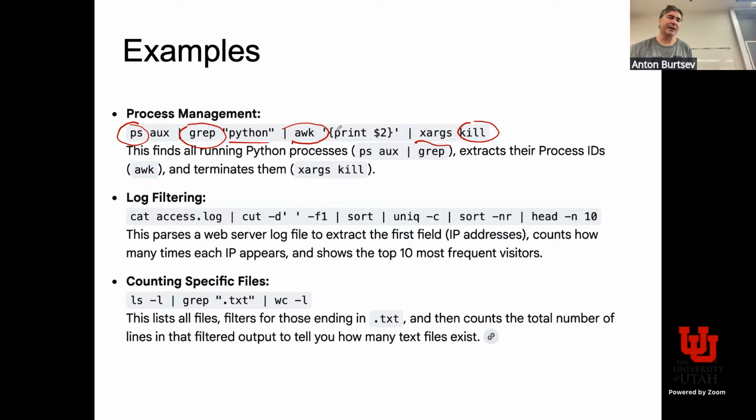And this thing is a pipe, which connects the output of this command to the input of the second one. Then since you use another pipe, you connect them. And essentially here it finds all processes running with the name Python, extracts their process IDs with this second column, and just kills them with this command, right?